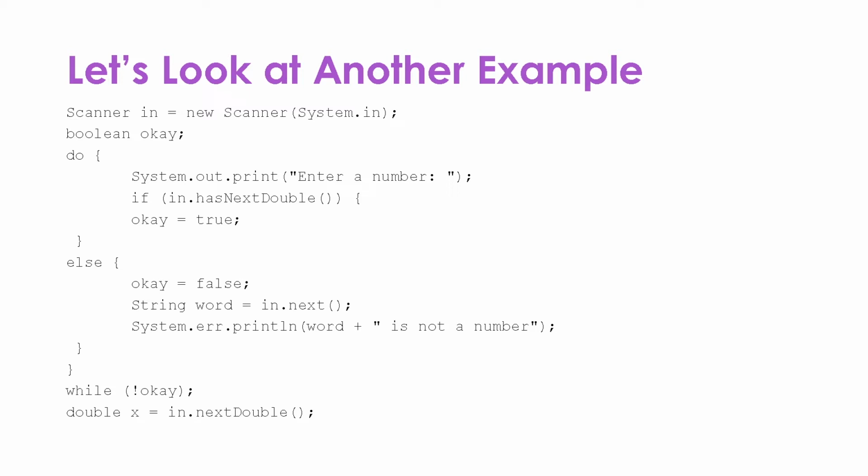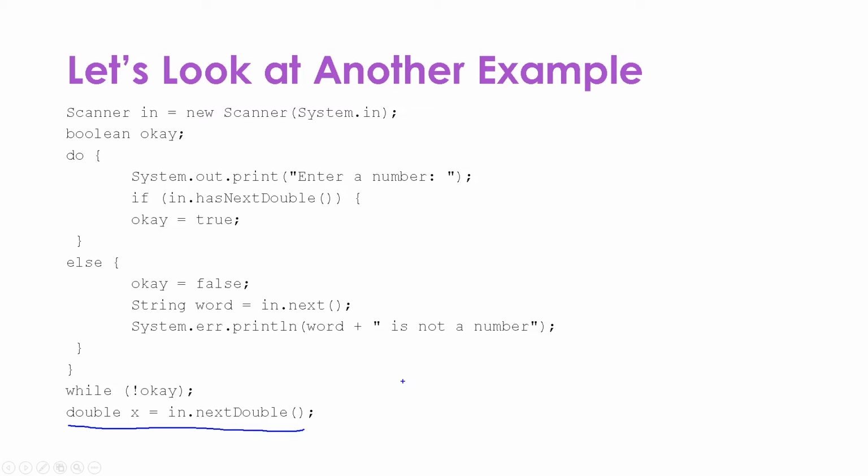Here we're examining input validation for entering a number, and we're trying to find a double. It's Java, so everything's strictly typed. So we're looking for a double to pass through to our variable x at the very end of our code.